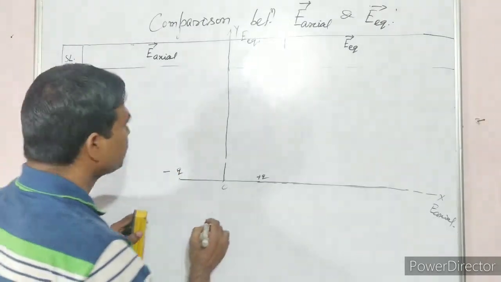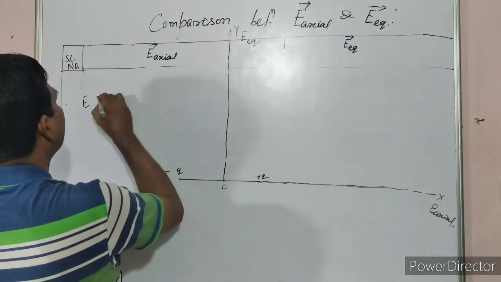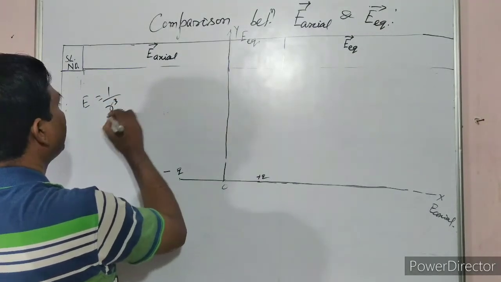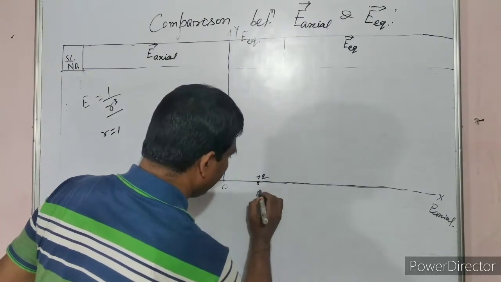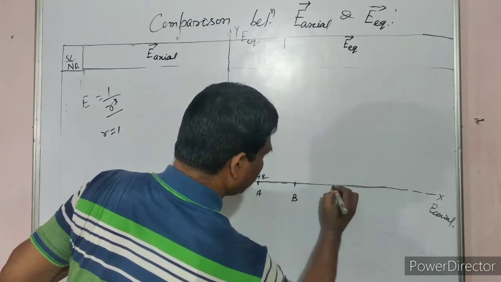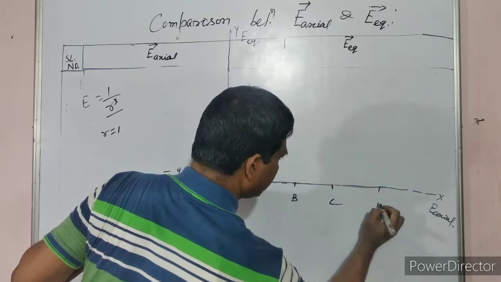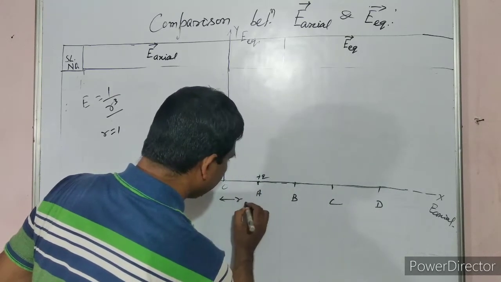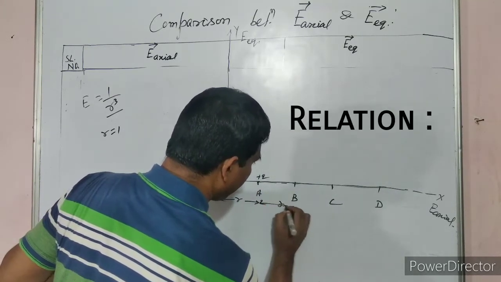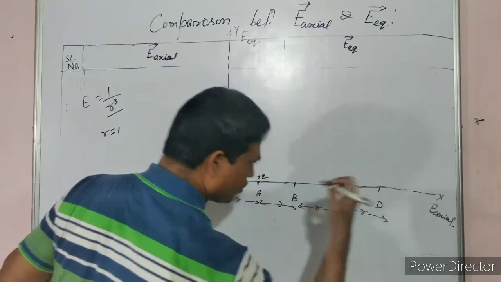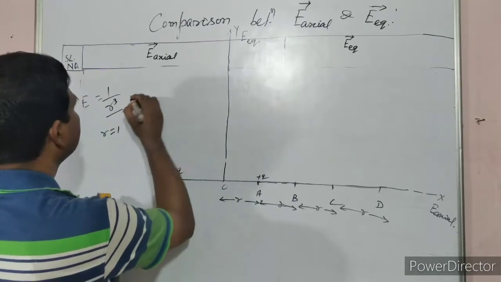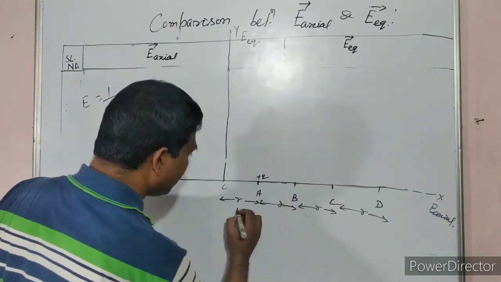Now, if you take the value E by R cube, with R equal to 1 unit, up to this point suppose A, this one B, this one C, this one D. Every distance is R. So R is equal to how much? OA is equal to how much?